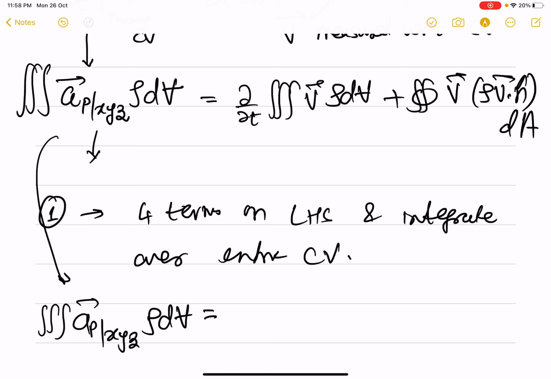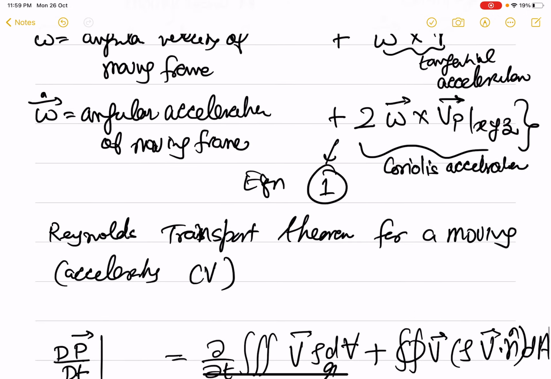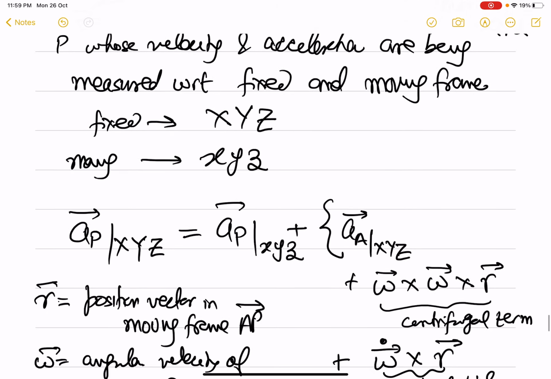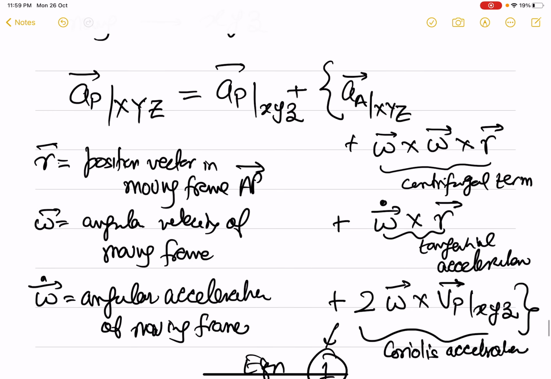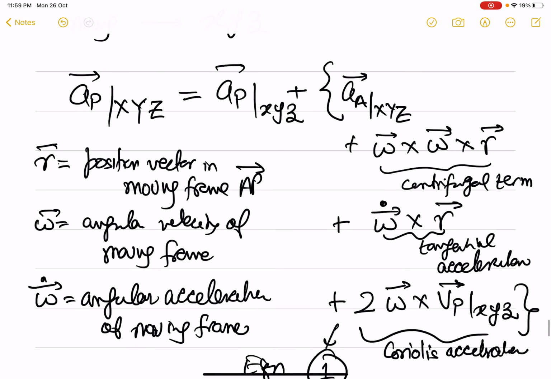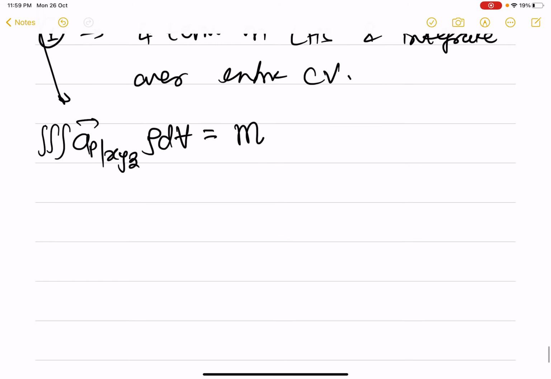This will be equal to mass times acceleration of P. I'm just looking at this term, first AP with respect to capital XYZ. So this becomes equal to the triple integral of AP with respect to capital XYZ, rho dV.